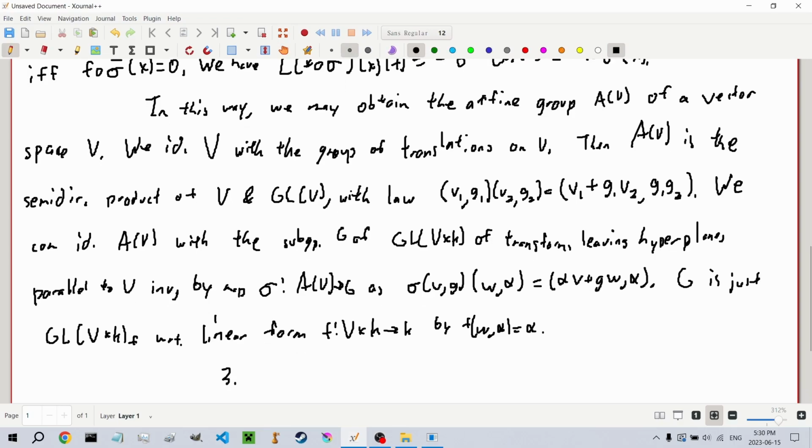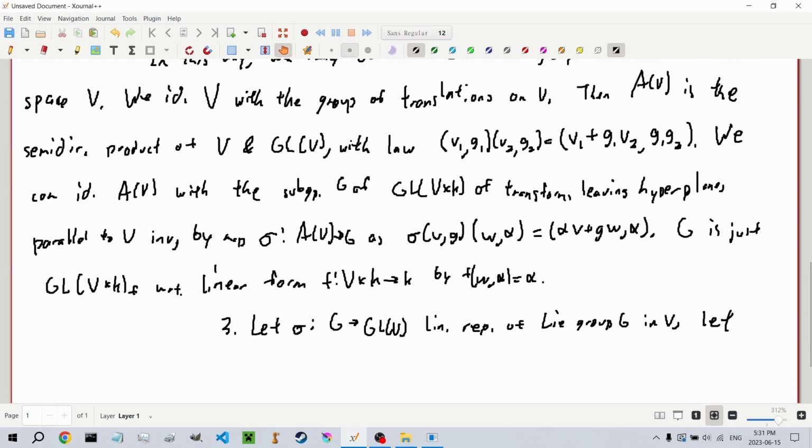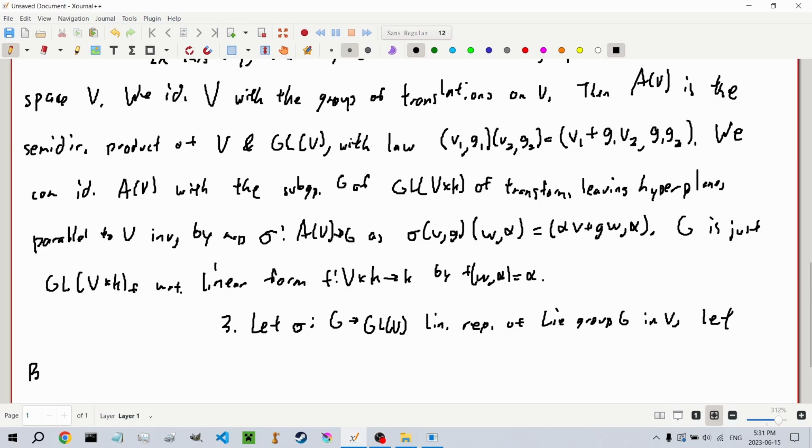We let sigma from G to GL of V be a linear representation of a Lie group G in V, and we let beta be an element in the dual space of the tensor of V with itself.